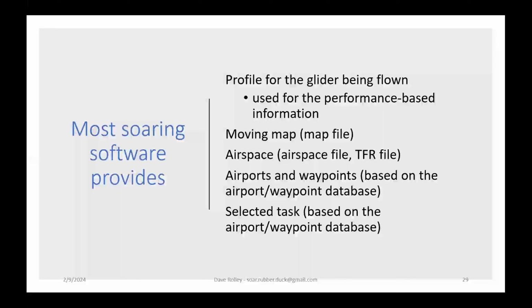And then it's going to support having a task defined. And again, that's going to be based on our airport and waypoint database. So you can see we've got lots of support stuff that we as the pilot are going to have to keep track of, maintain, and keep up to date.